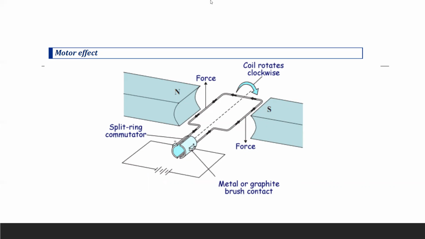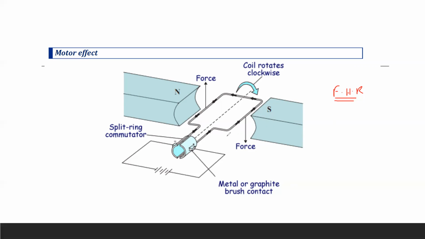We can use Fleming's left hand rule. The first finger represents the magnetic field, north to south, so the first finger should point towards south. The second represents the direction of the current.